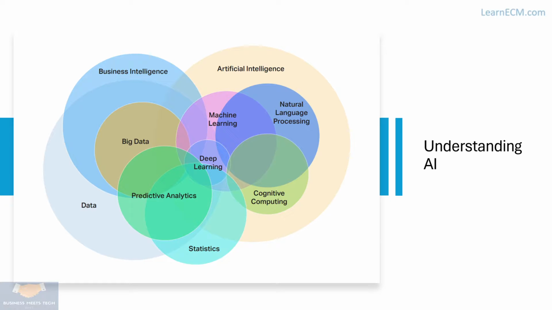Now, machine learning, which is a subset of AI, allows computers to learn from experience without being explicitly programmed. So that's the main difference between a simple program and a machine learning concept.